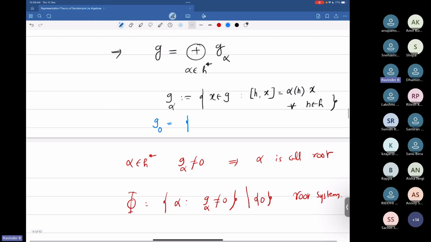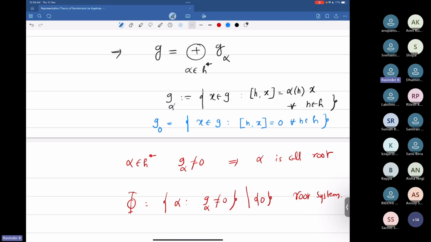Ask the question: is the zero functional an eigenvalue or not? It is the set of all vectors X such that if you apply ad H, it should be 0 for all H in H. What is G0? It has all the elements of G which commute with H.